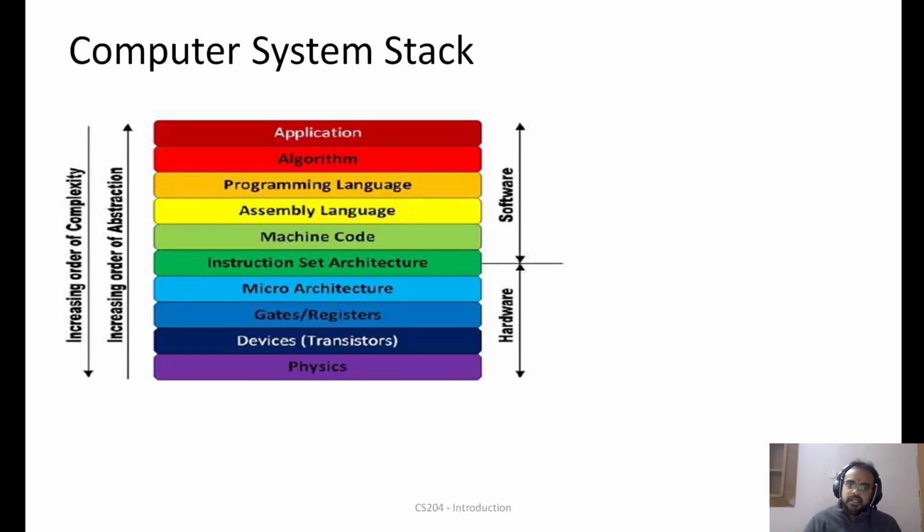Basically, it has many layers, starting from the physics of how a semiconductor or any other type of material works. Following that, how we use those materials to build what we call transistors.